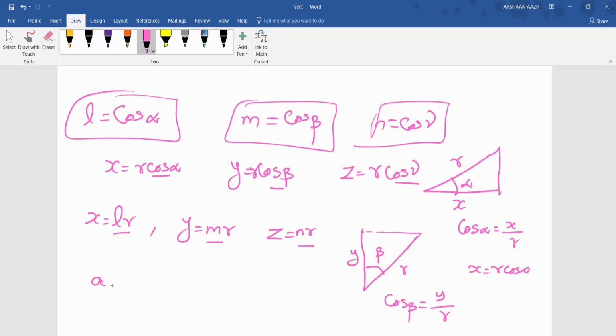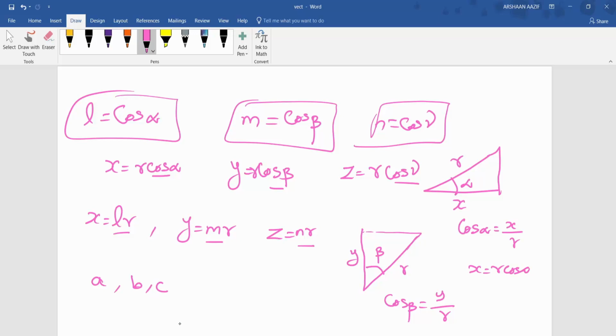Whereas the direction ratios, a, b, c, are the magnitudes along the respective axes. The direction cosine talks about the direction alone, that is, what angle you make with the x-axis and with the y-axis. So cosine talks about how much you have when you are a unit vector, whereas a, b, c are your direction ratios, which talk about how much exactly you have.